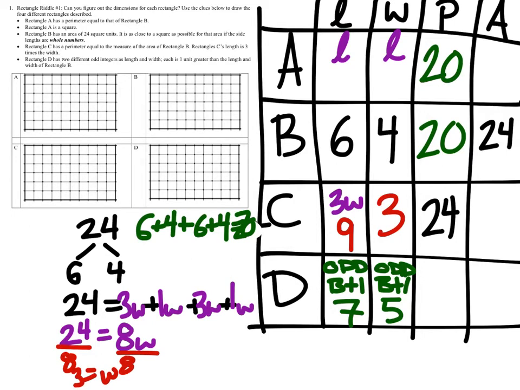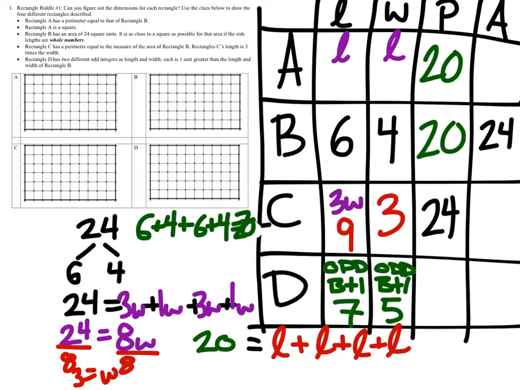So then would the length and width be 6? Not quite. Of B it is 6 and 4. But for A, we need a perimeter where the length and width are the same, right? So what we need is a perimeter of 20 for a square. If the perimeter is 20, that's the same as length plus length plus length plus length, because there's 4 sides that are the same for a square.